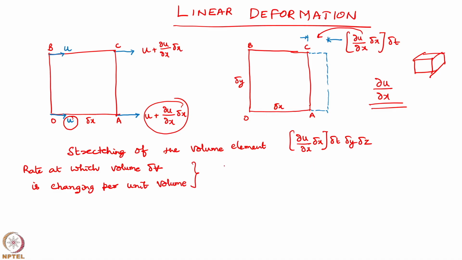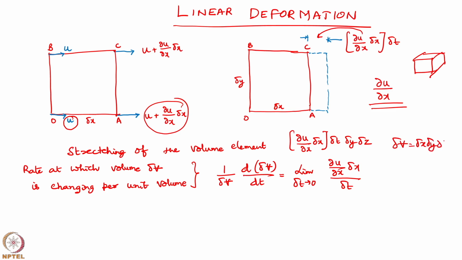So, that is 1 by delta v d of delta v divided by dt, equal to the limit as delta t tends to 0 of dou u by dou x into delta x divided by delta t. Remember, delta v equals delta x, delta y, delta z. So you get this as dou u by dou x.